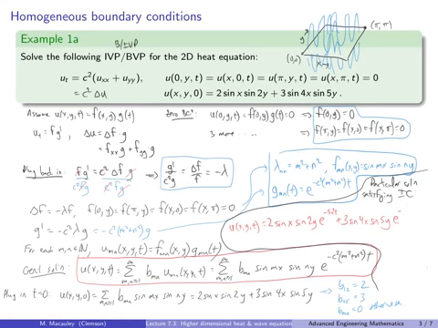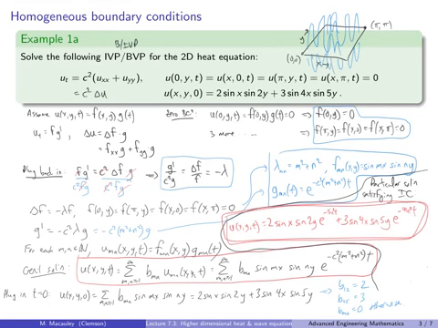E to the negative, what's m squared plus n squared? 4 squared plus 5 squared is 16 plus 25, that's 41. So e to the negative 41c squared t. So this is the final solution to this initial and boundary value problem.